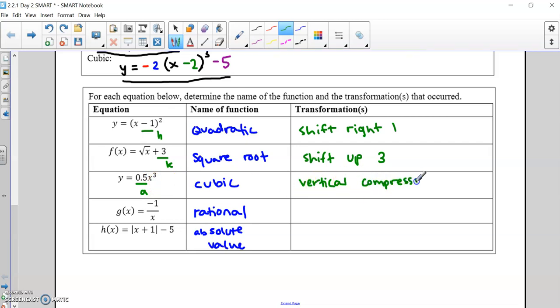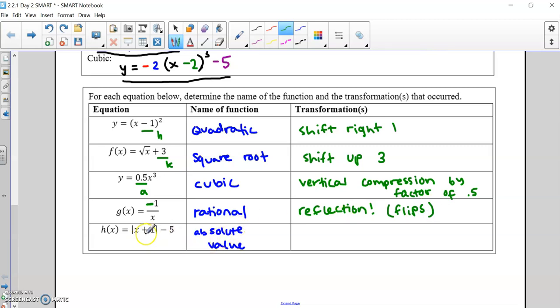The numbers bigger than 1 are the stretches. Okay, so we have a compression by a factor of 0.5. Right, this one, you think that there's not a lot going on here, but it does have a negative sign right at the beginning, and that tells us that we have a reflection. So remember that that means it flips.